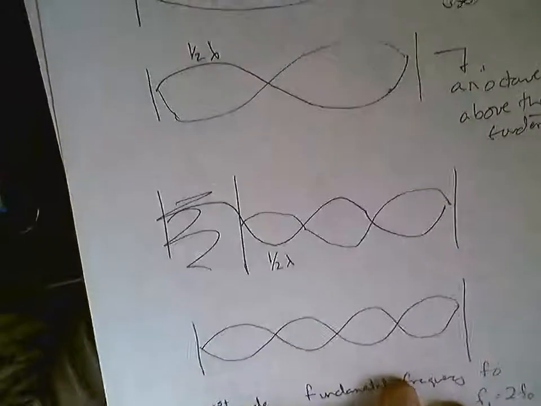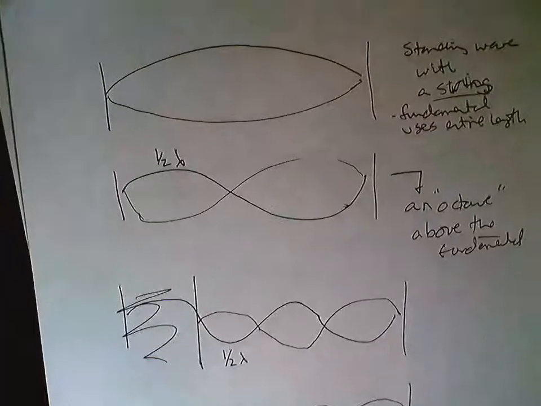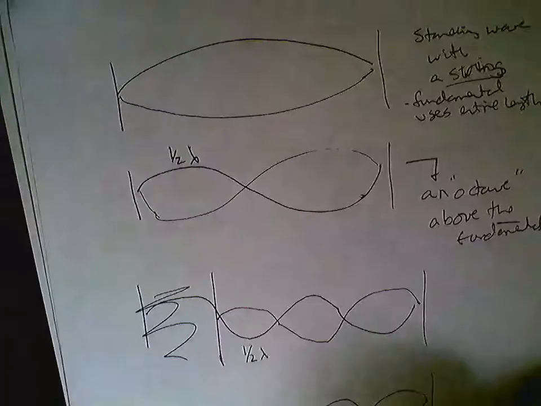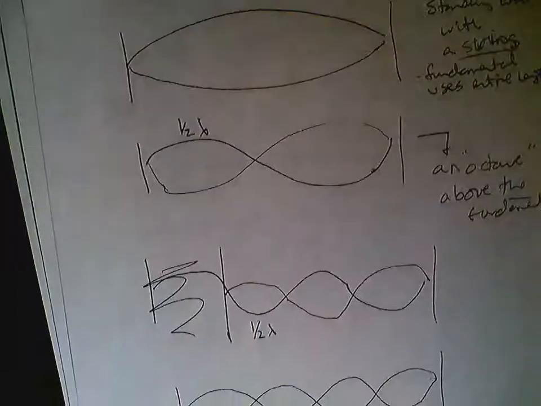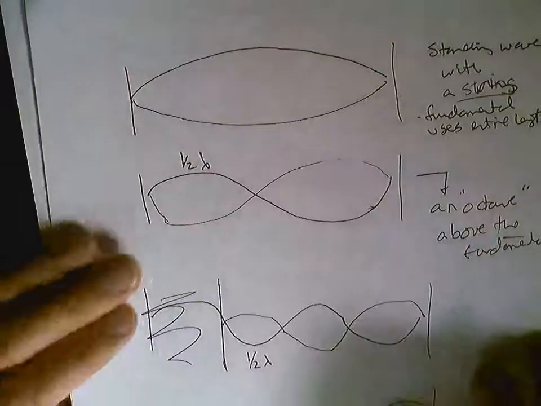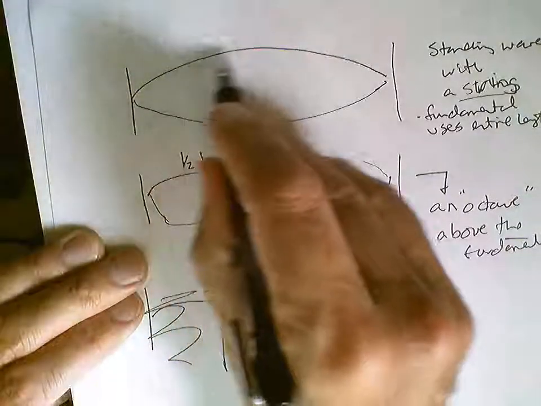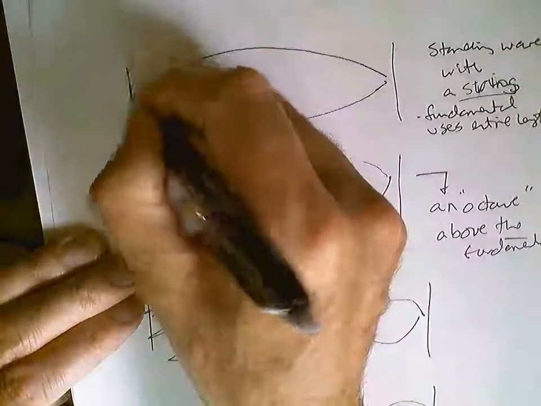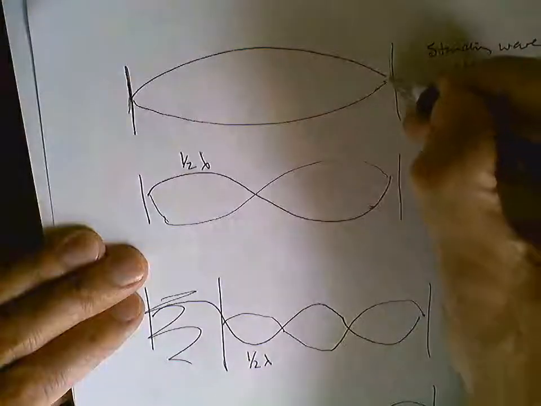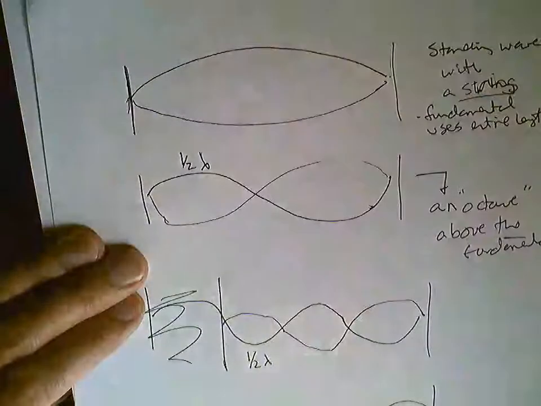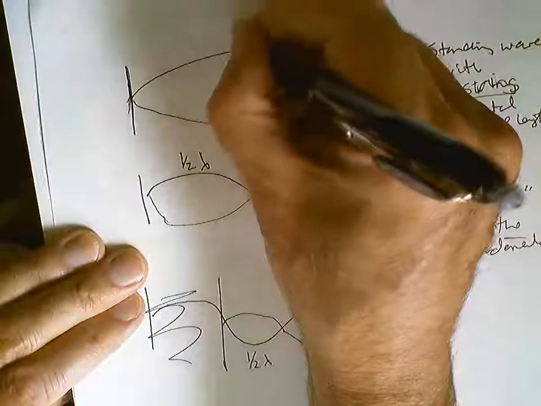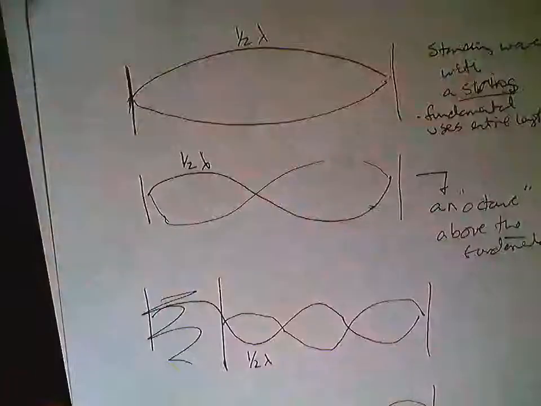Now, if you've heard of harmonics before, what they try to do here is explain what harmonics are using these standing waves. If we have a standing wave with a string, let's say we have a border here and a border here, and this end allows us to try and make a wave, what we have here is half a wavelength.